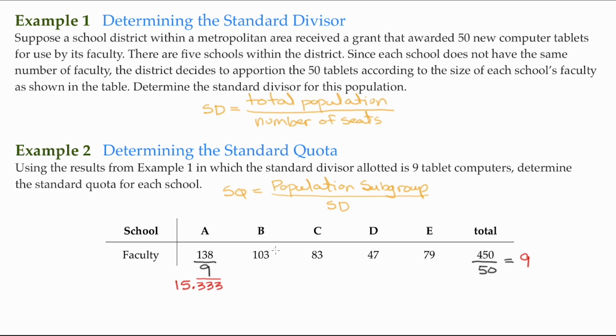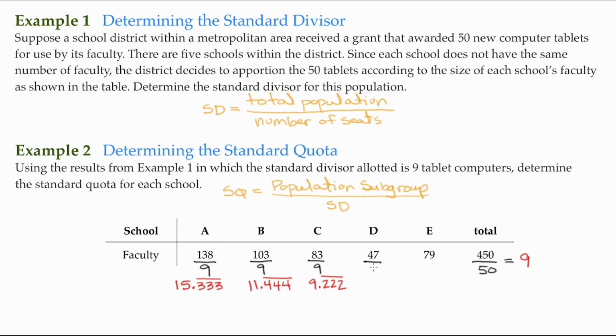And then we do that for each subgroup here. Then we divide this by 9. 103 divided by 9 is 11.444, and this pattern also repeats. For school C, 183 divided by 9 is 9.222, and that pattern repeats.